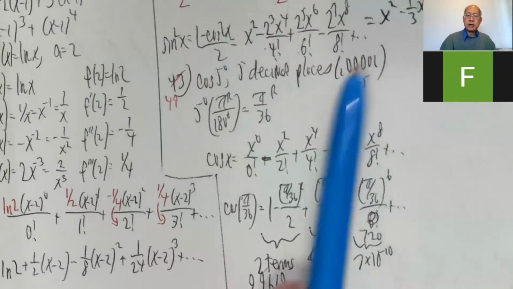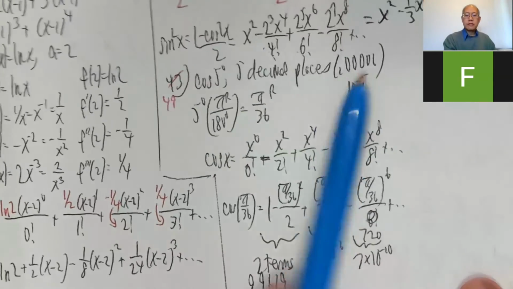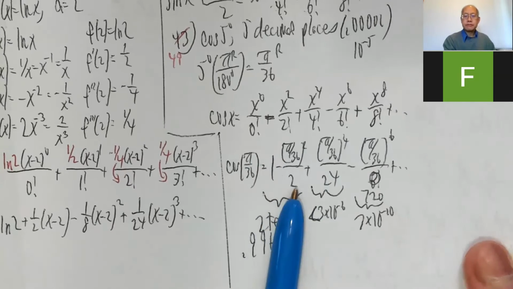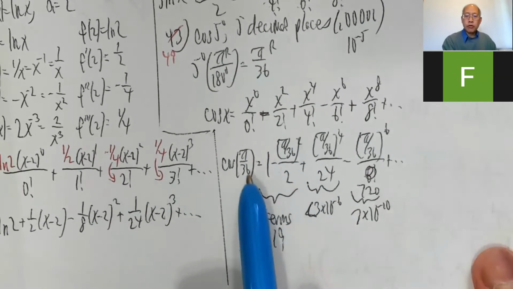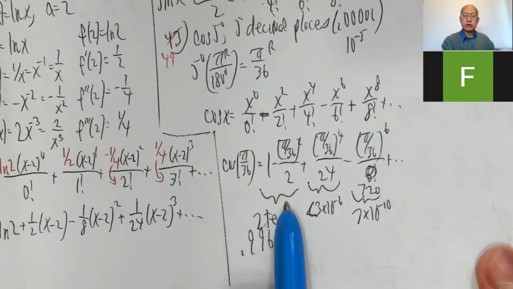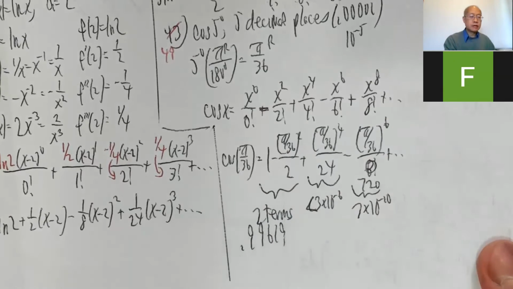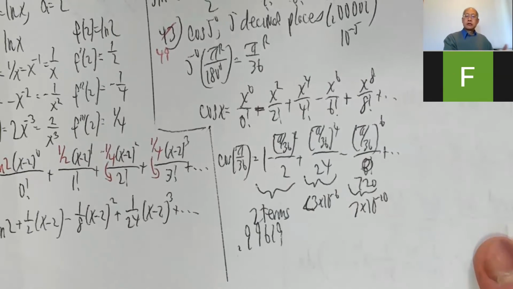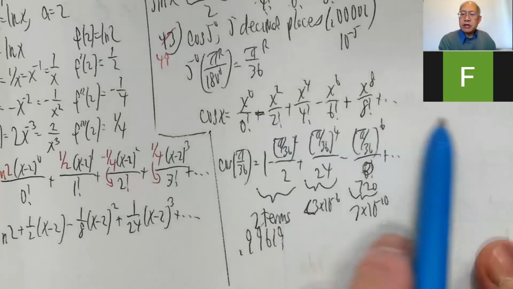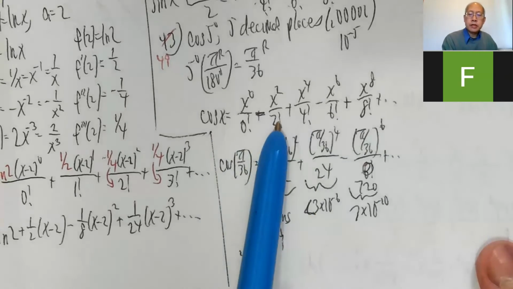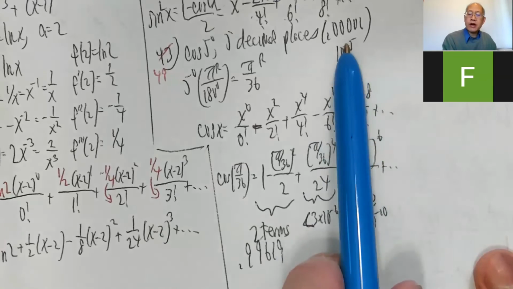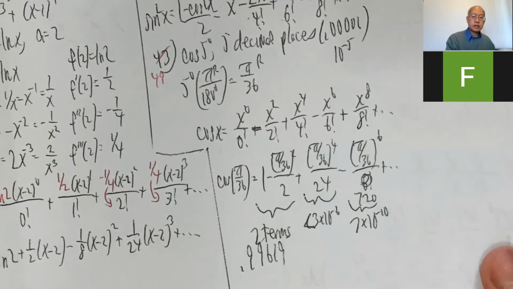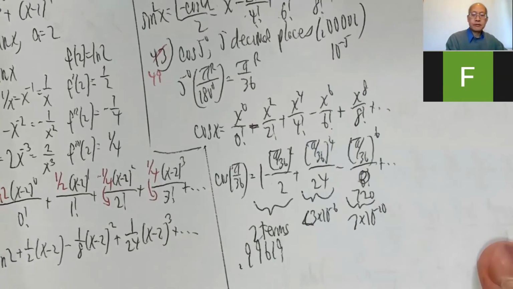So that's already within 5 decimal places, which means all you have to do is just add up 2 terms. So 1 minus (pi over 36) squared over 2, 0.99619. So instead of adding up infinitely many terms, I only added 2 terms. You're still already good to 5 decimal places, which is the whole idea behind this stuff.